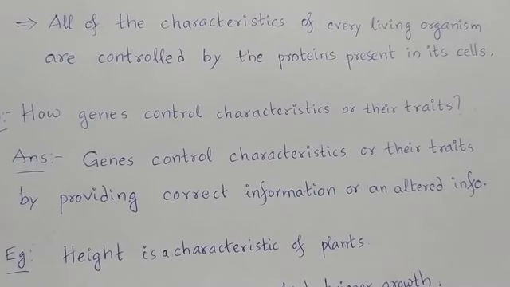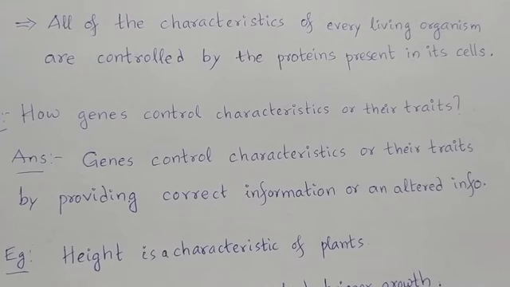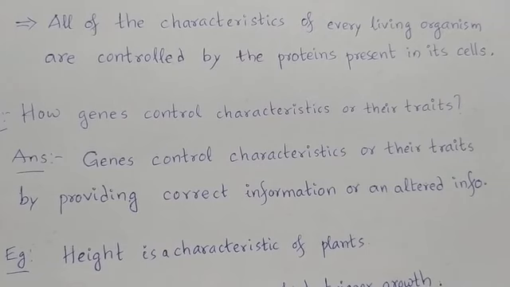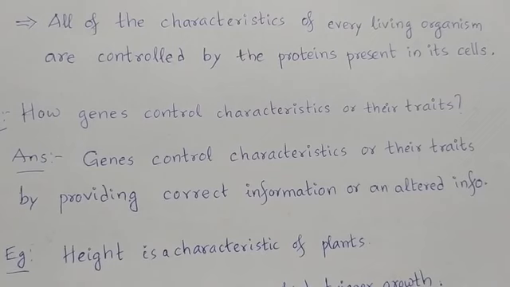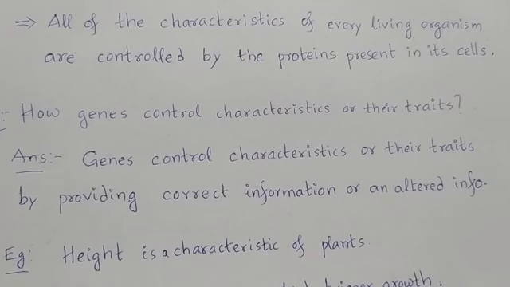As was already told, all of the characteristics of every living organism are controlled by the proteins present in its cells. But these proteins are made using the information from cellular DNA. And for every protein, there is a section of DNA in that cellular DNA.